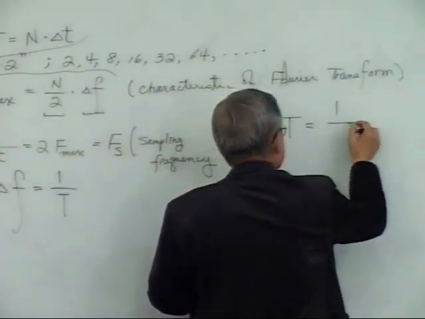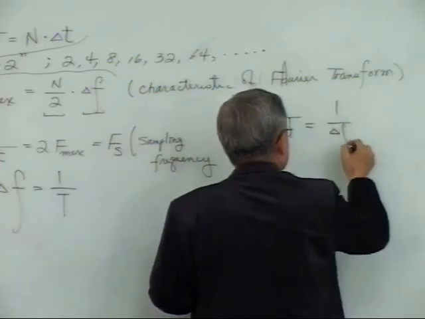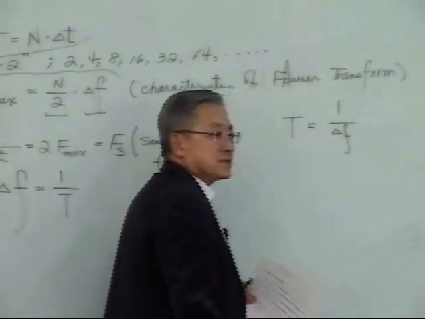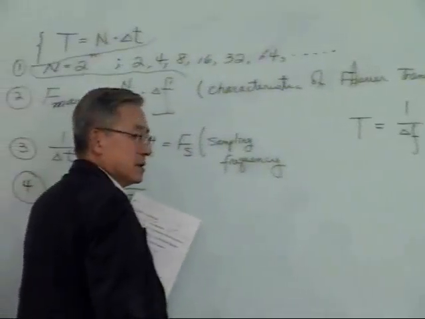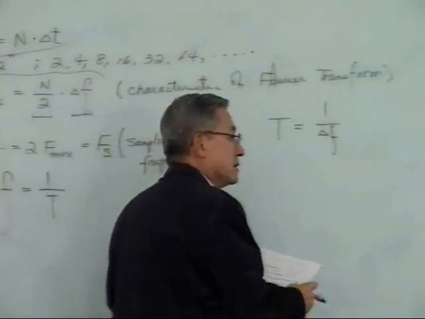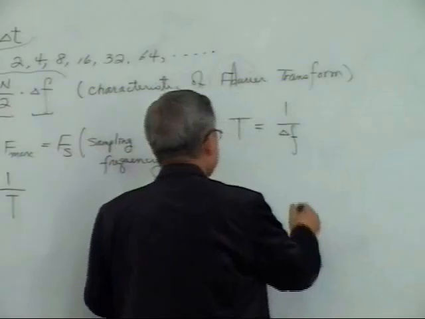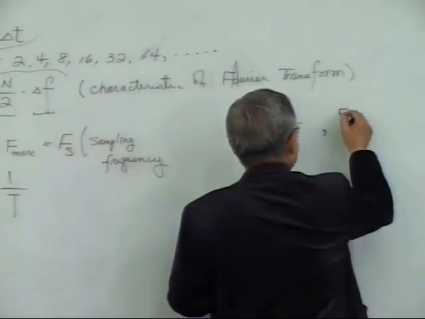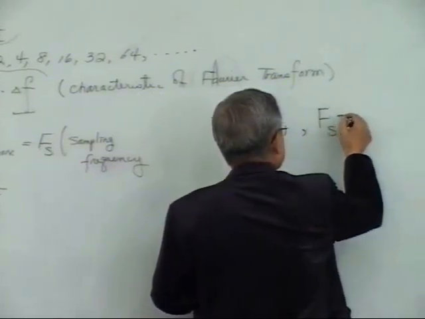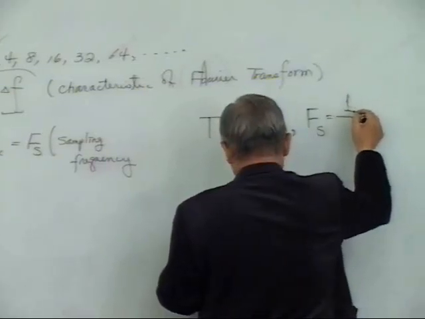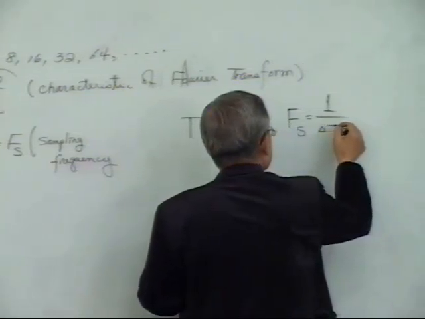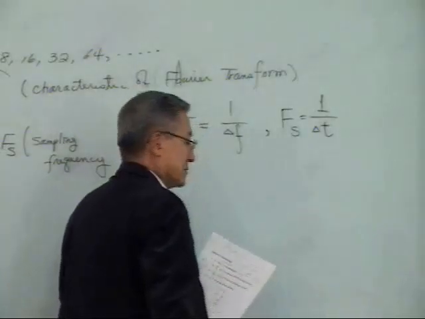T is equal to 1 over delta f, same as this. Or Fs, the sampling frequency, is equal to 1 over delta t.